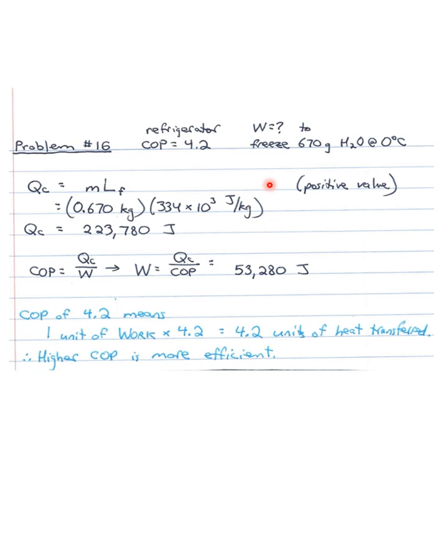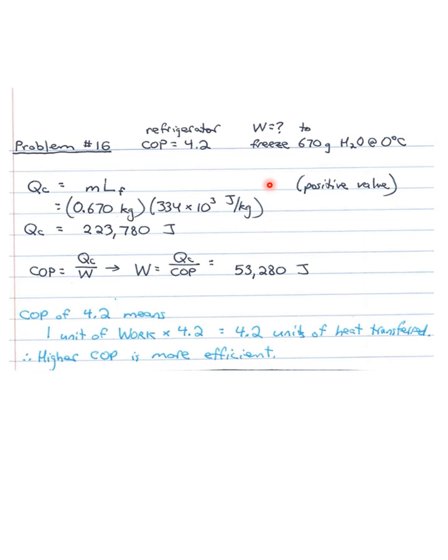Now I taught you, when we did an earlier chapter, to make that negative. But in this case, we're really concerned with how much is being extracted, so we're going to keep it positive. We're going to keep the absolute value. And so we'll do mass times L sub F. There's the mass, the heat of fusion of water. You can look that up in chapter 17 in a table there.